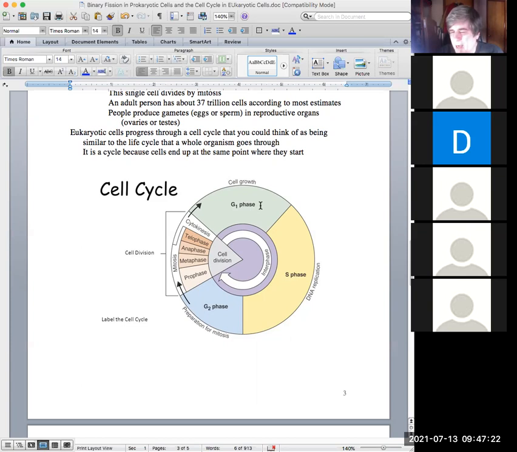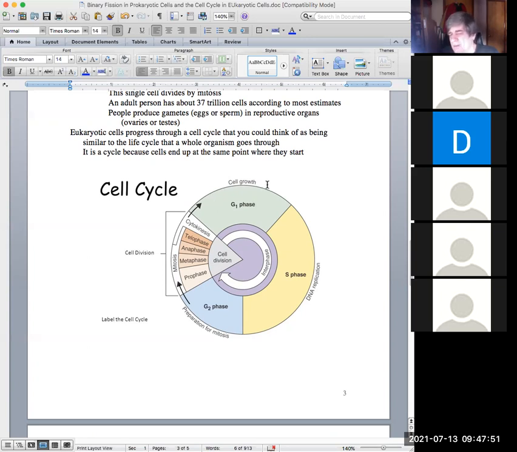If we're talking about cells in the retina of your eye, they're detecting light and sending signals to the brain to figure out what that light means. If we talk about nerve cells in your spinal cord, they're communicating with other nerve cells. So different cells do different things, but whatever the normal activities for a cell are, this happens during G1.